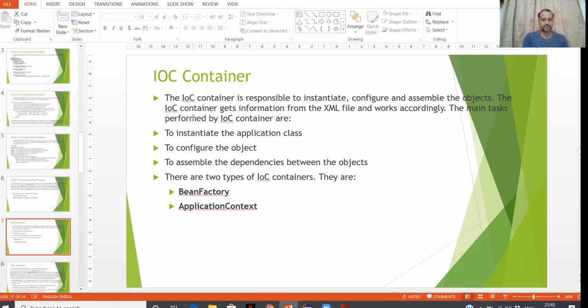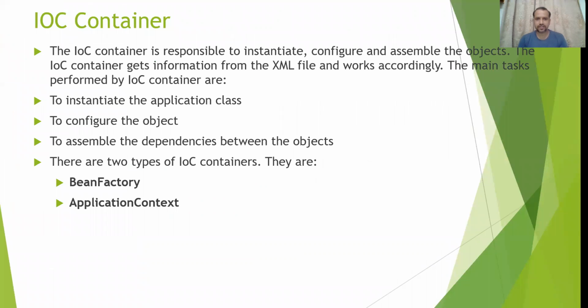Now the next part is the IOC container that we are going to understand. What is the IOC container? The IOC container is responsible for instantiating, configuring, and assembling the objects. Whatever objects you have created are handled with the help of the IOC container.